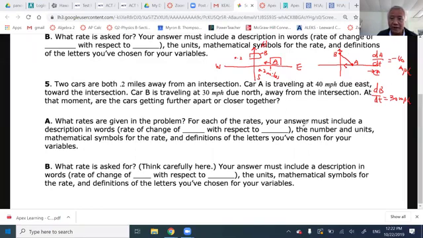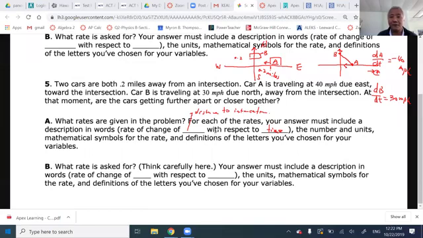For each of the rates, your answer must include a description in words: rate of change of what with respect to what. Of course, with respect to time, because this is about speed. And what changes is distance, both A and B, the distance to the intersection.